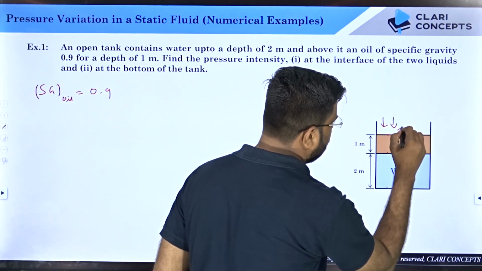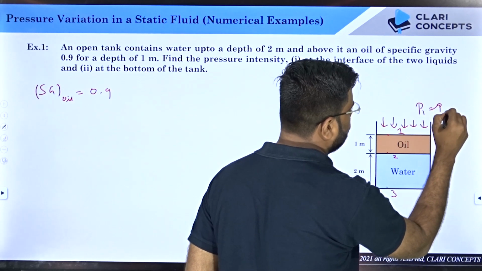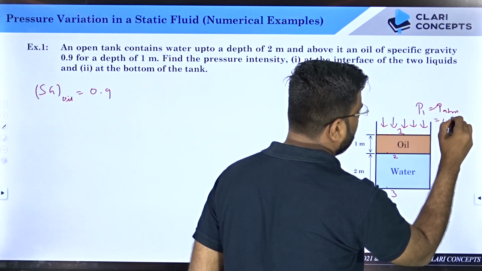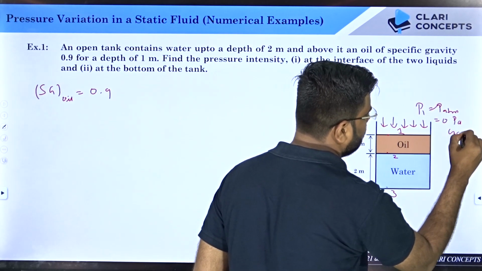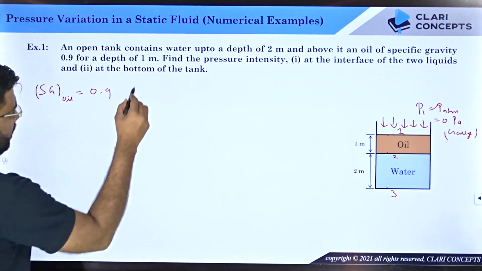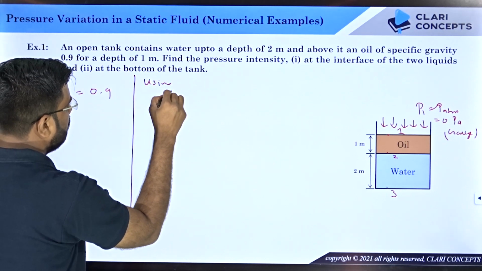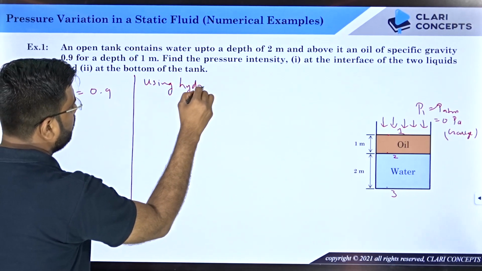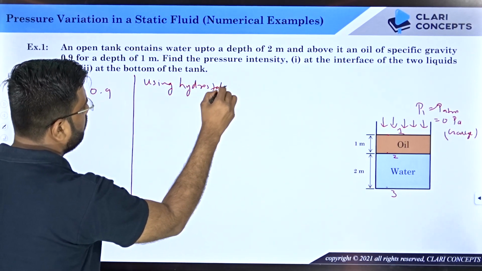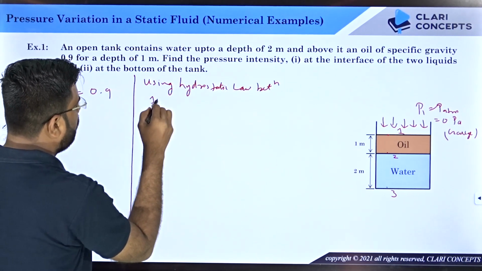Pressure here is atmospheric on this surface, so I can say P1 equals P atmospheric equals 0 Pascal gauge. Alright. Now, using hydrostatic law between points 1 and 2.